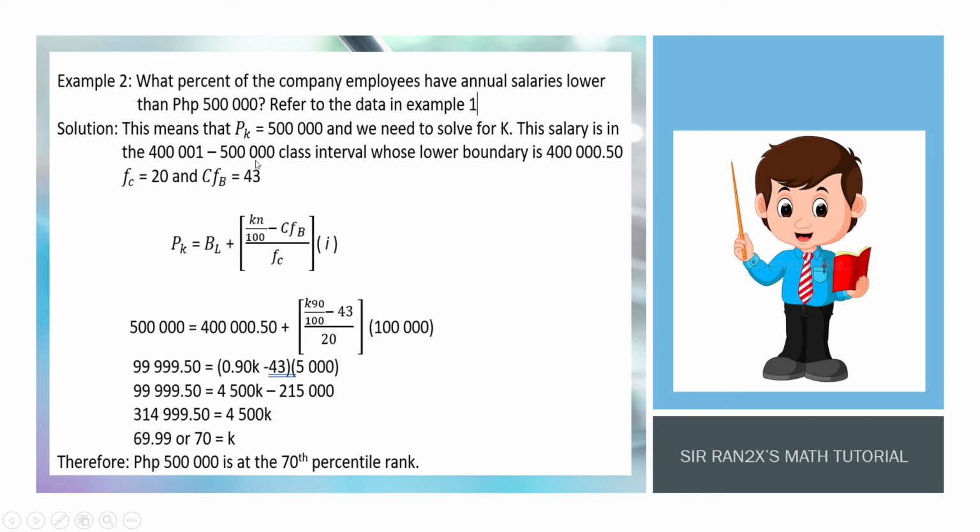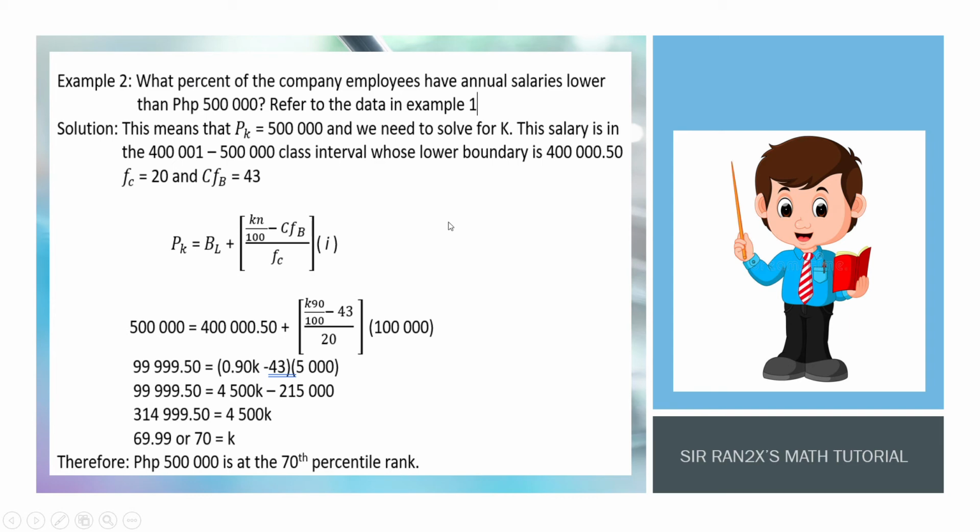You cannot use the locator because you are asked for the k, but you can use the value. The value is 500,000, and what is asked is the percentile rank. So you already have the value of the percentile, 500,000.